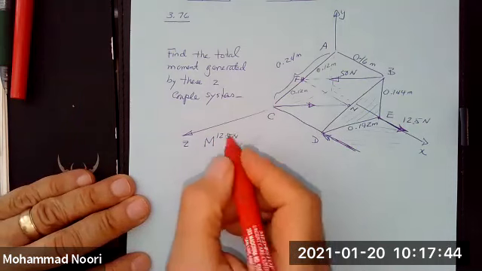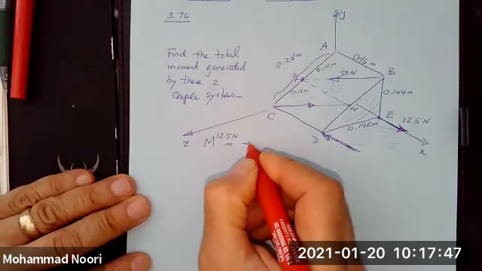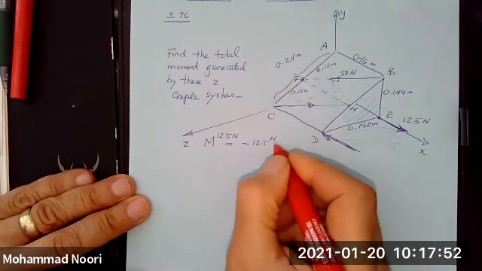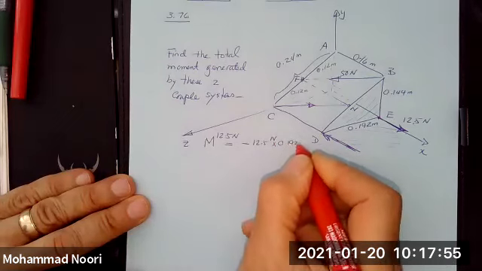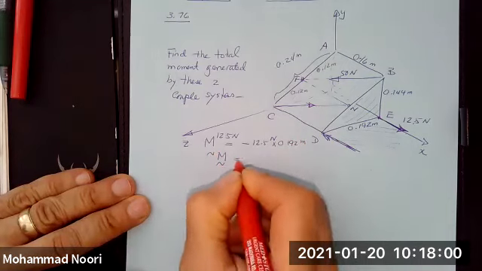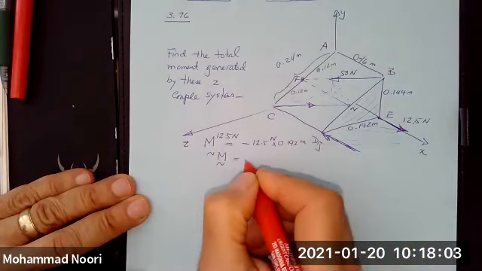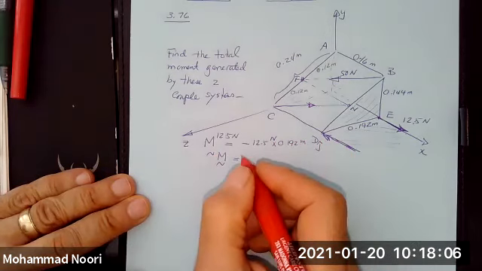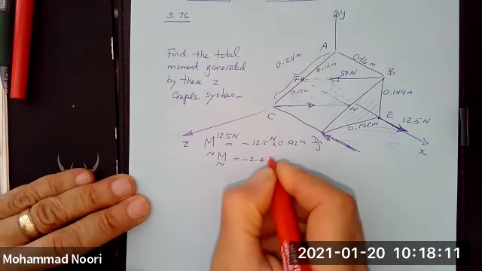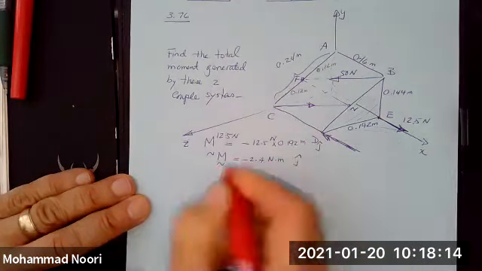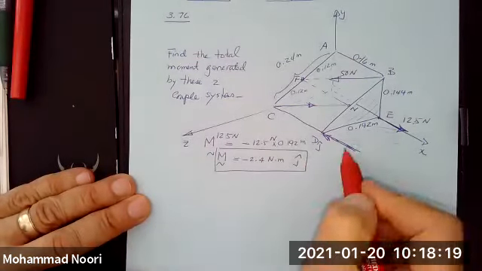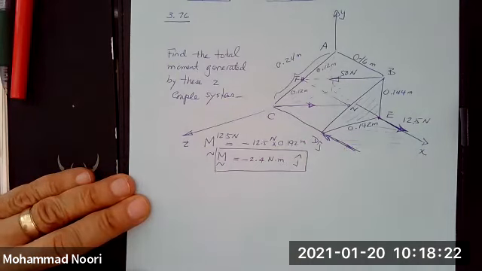So that will generate a moment which is in the negative direction of y. That's why I have this as negative, okay, meter. So this moment, if you calculate that, would be negative 2.4 Newton meter J. So that is the moment of this couple. Any questions on that? No?